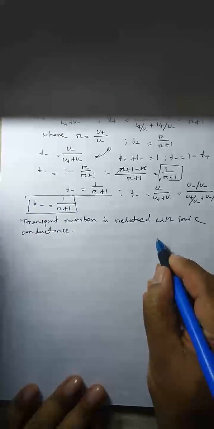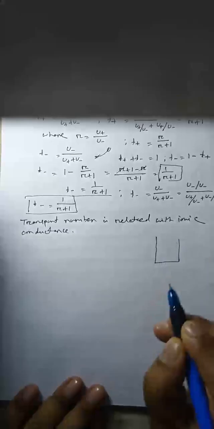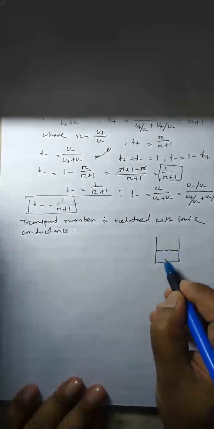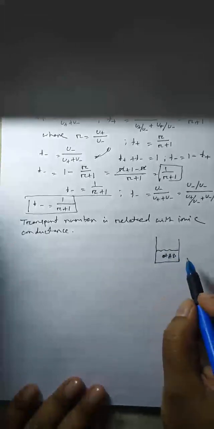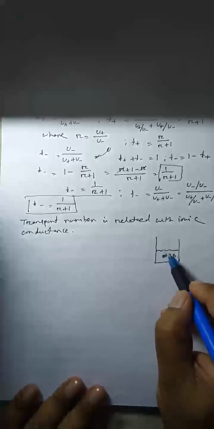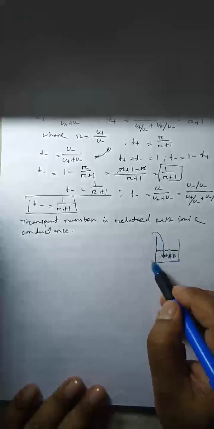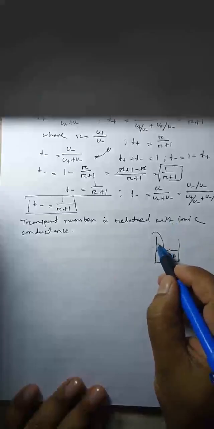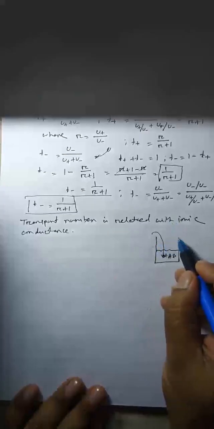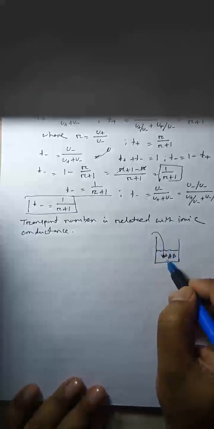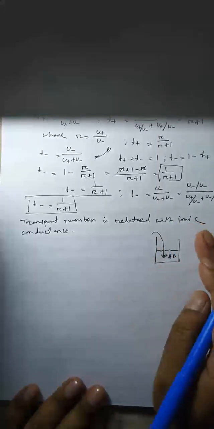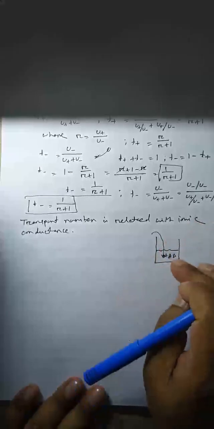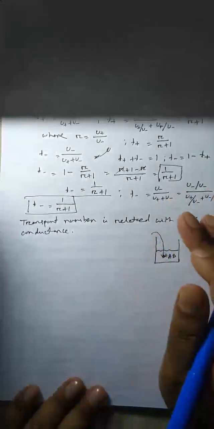Let us consider an electrolytic cell, we put some water and add some electrolyte, suppose I write AB as the electrolyte. I dilute it to make it infinite dilution. That means we have to add a large excess of solvent so that the electrolyte is completely ionized. In the case of a weak electrolyte it is completely ionized, and in the case of a strong electrolyte also it is completely ionized.